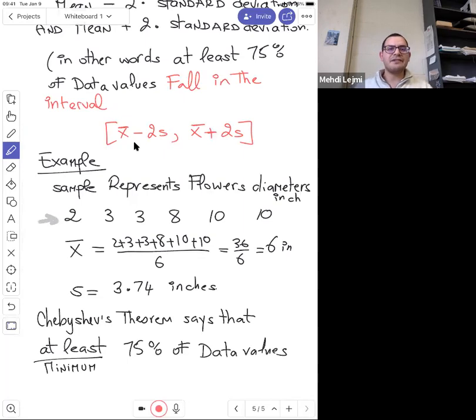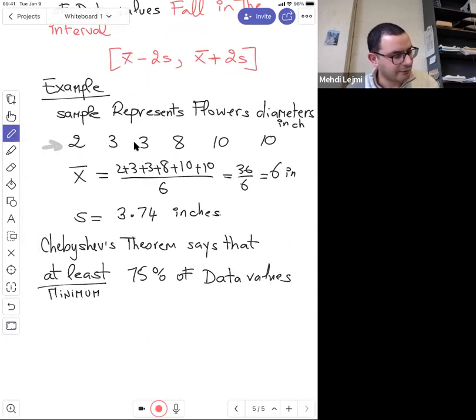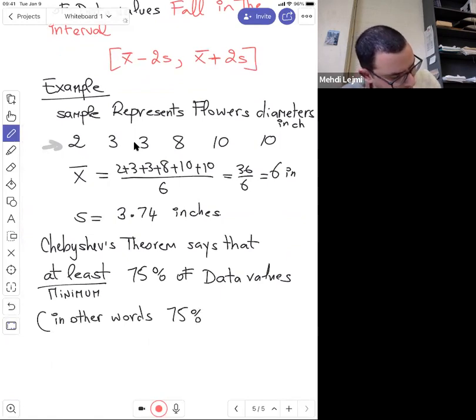So 75% of data values, that's 75% of the 6 flowers. The word "of" means multiplication. So 75% of the 6, so times 6.